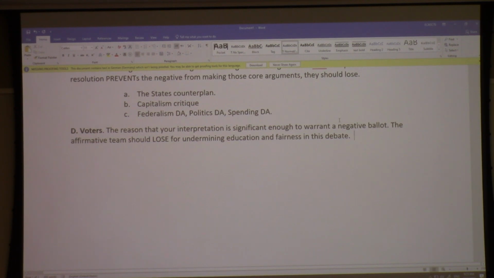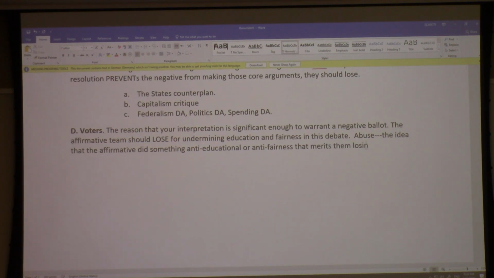So you'll often hear this term phrased in terms of abuse, the idea that the affirmative did something anti-educational or anti-fairness that merits them losing the debate.